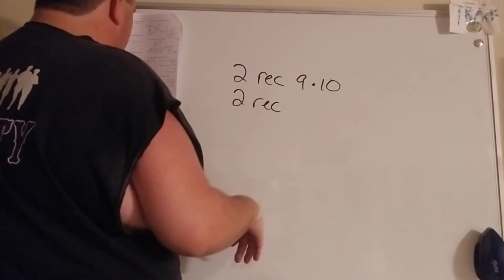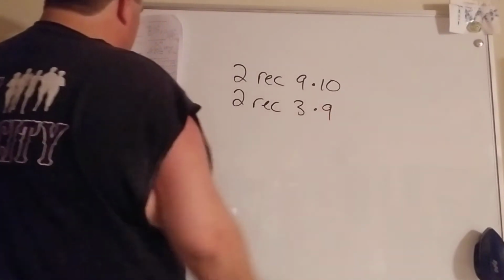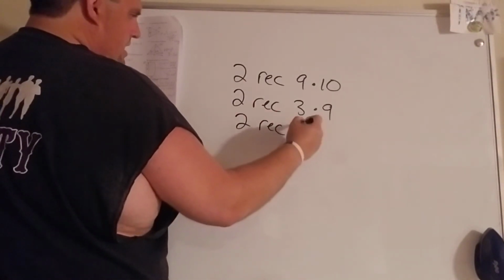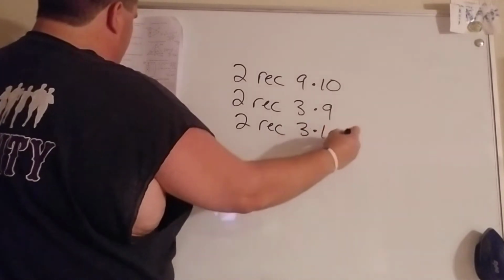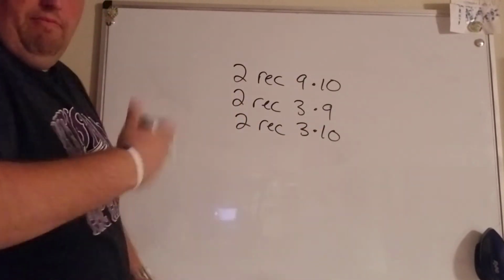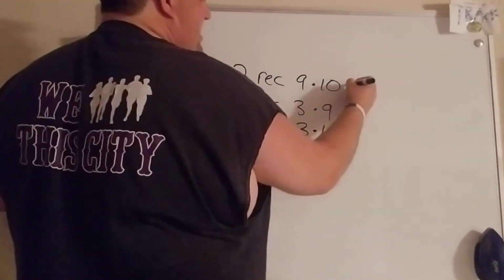I have two rectangles that are 3 by 9, which is the bottom and the top. And then I have two rectangles that are 3 by 10, which is like the part facing me, the front and the back, if you will. So that's how I set it up.